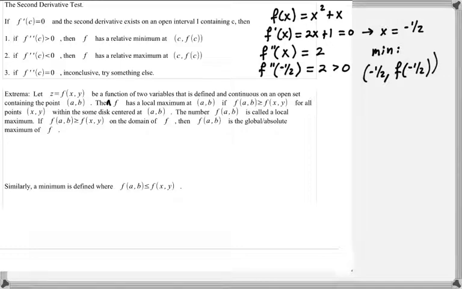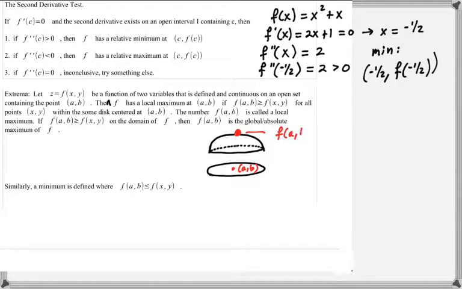Then f has a local maximum at (a, b) if f of (a, b) is greater than or equal to f of (x, y) for all points (x, y) within some disk centered at (a, b). So here's our point (a, b), and then the disk that it's centered in, and then we have our point f of (a, b).